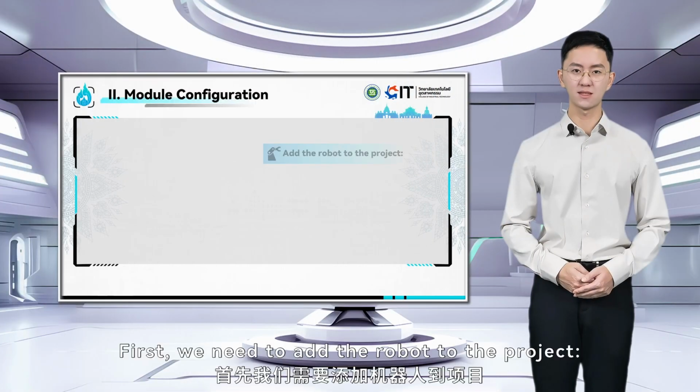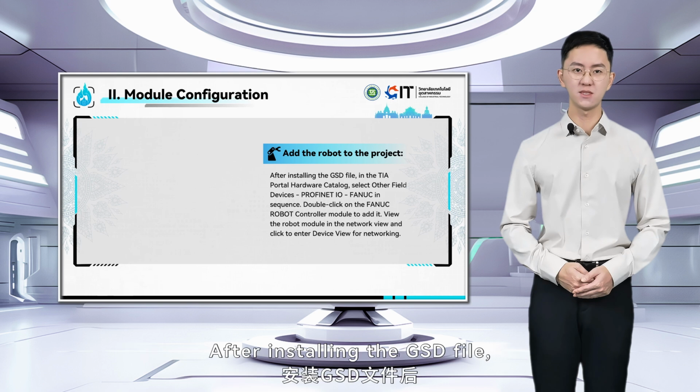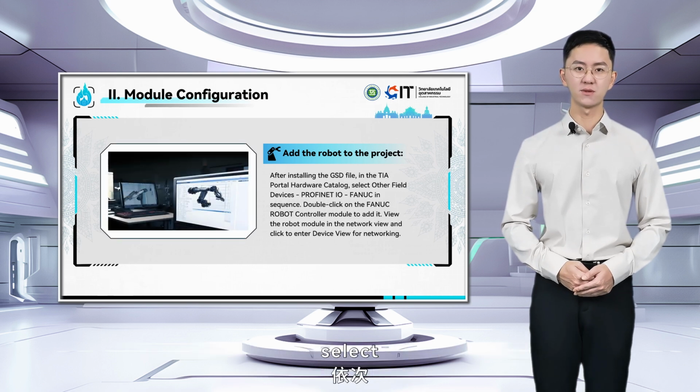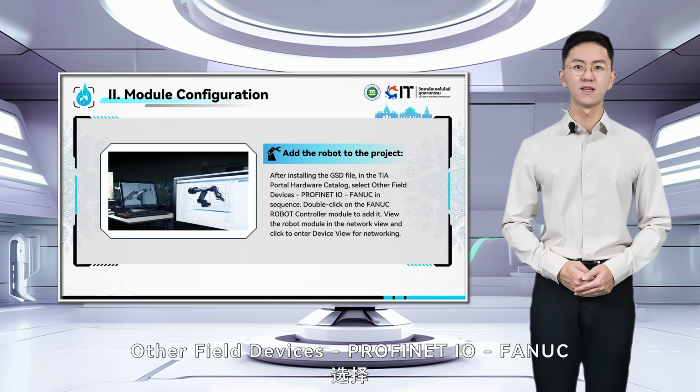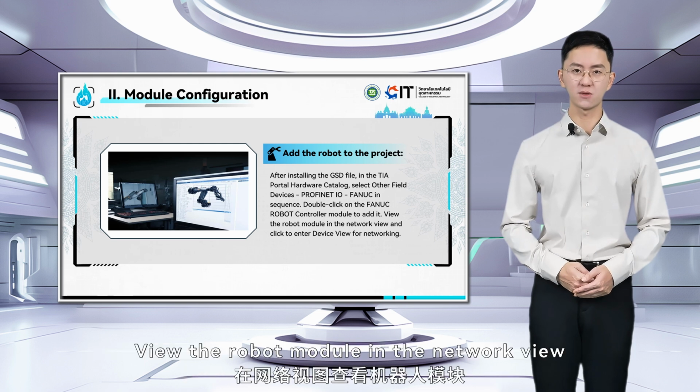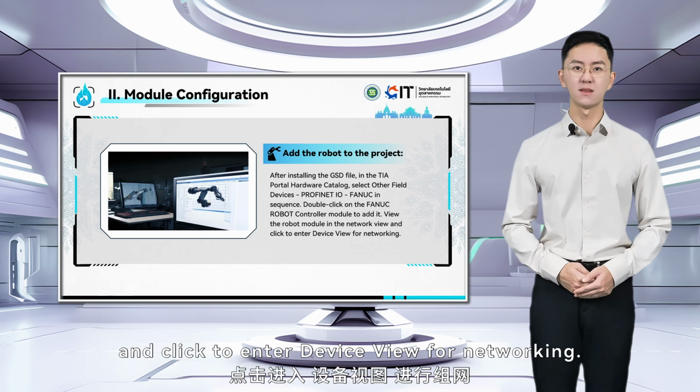First, we need to add the robot to the project. After installing the GSD file, in the TIA Portal hardware catalog, select Other Field Devices, Profinet I/O, FANUC in sequence. Double-click on the FANUC robot controller module to add it. View the robot module in the network view and click to enter device view for networking.